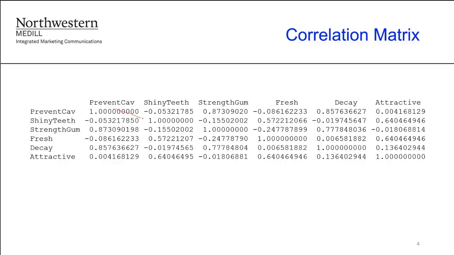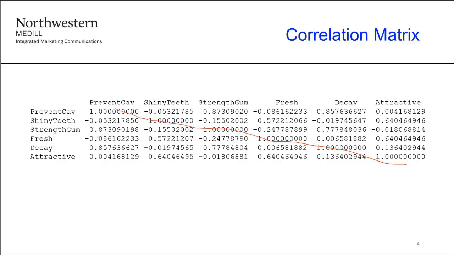On the diagonal, the correlation between prevent cavity and prevent cavity is the same variable, so the correlation is 1. All the values on this diagonal are 1.